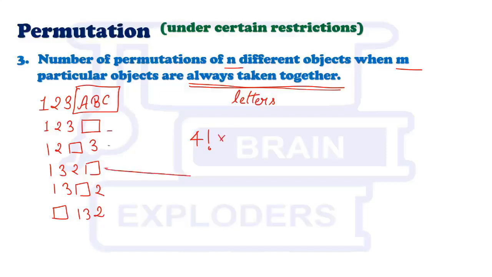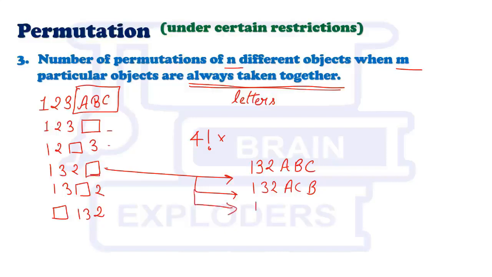say we take this here, what does this mean? This means that it is written 1, 3, 2, A, B, C, because the box represents A, B, C. But a second possibility is also there: 1, 3, 2, A, C, B. Why? Because the box represents that all the letters are together, but it doesn't mean that they can't interchange their positions.